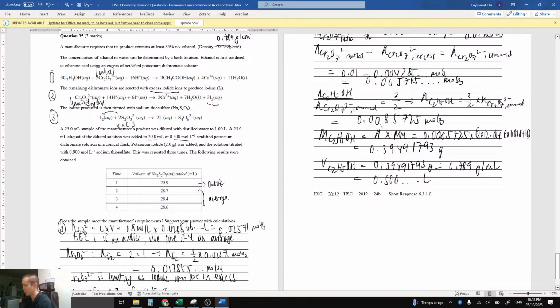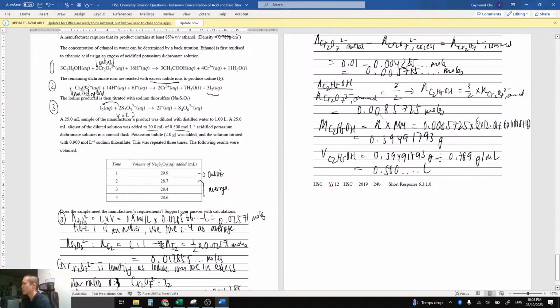It started from the very beginning. Oh no, did it? 0.9 moles per liter, 2 to 1. Two to 1, which means that. Let's backtrack and try to work this out.